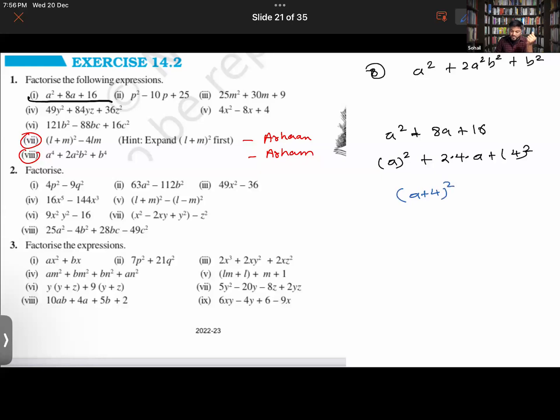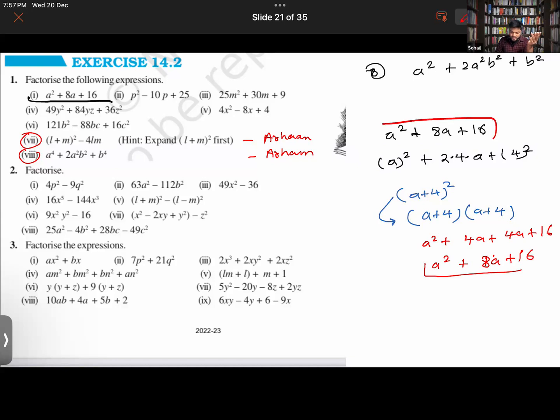A plus 4 whole square can also be written as a plus 4 into a plus 4. When I solve it further, I get a square plus 4a plus 4a plus 16. Thereby I'm again getting back a square plus 8a plus 16. So I got the expression back, right?